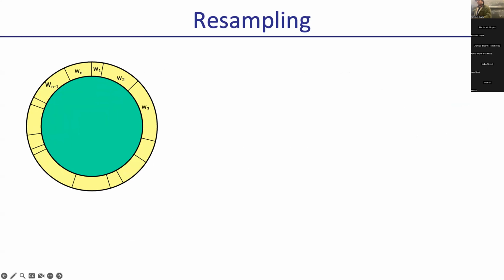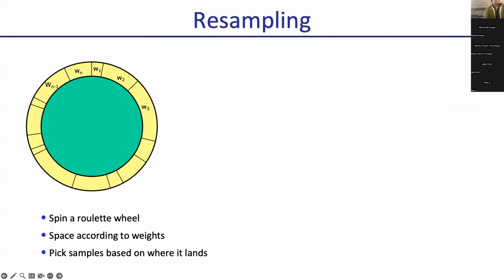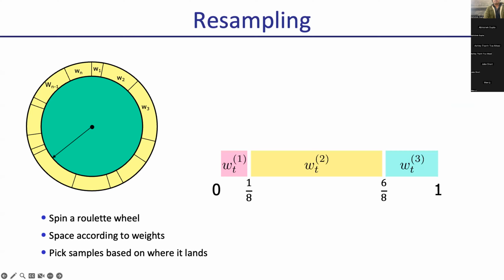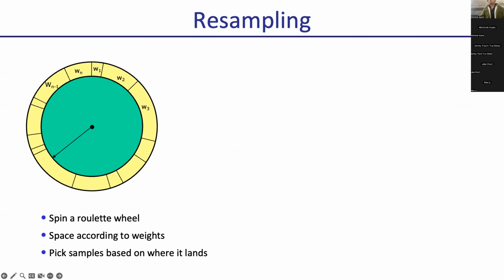Then you spin the roulette wheel randomly, and the chance of it landing on something with high weight is higher, and the chance that it lands on the lower weight is lower. You spin it over and over, and it keeps giving you different samples, and that gives you your new unweighted distribution.